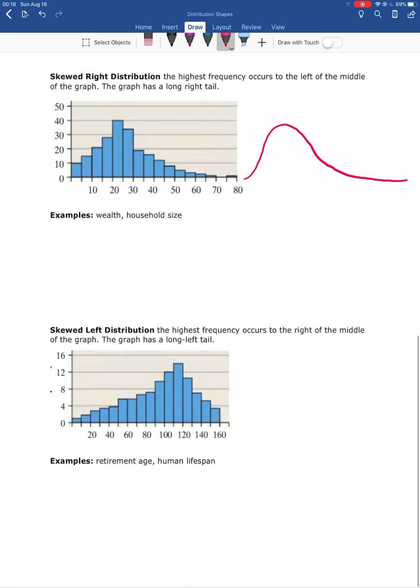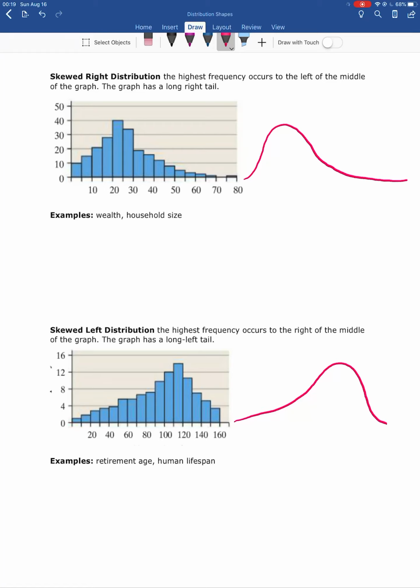And then skewed left is the opposite. So the highest frequency is on the right of the middle, and the graph has a tail on the left. So that guy, as a curve, looks like this. And these curves are just kind of generalizations of what this distribution looks like. Some examples of things that are skewed left is retirement age.